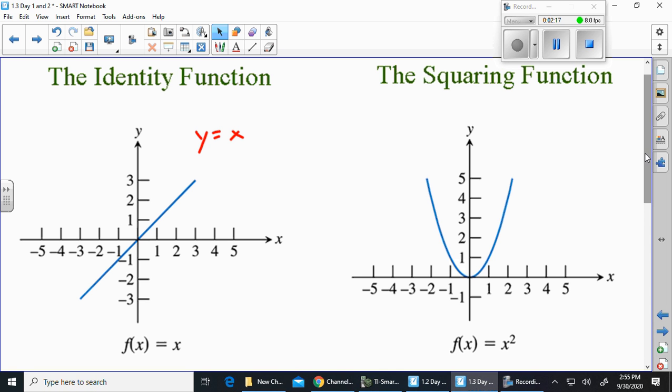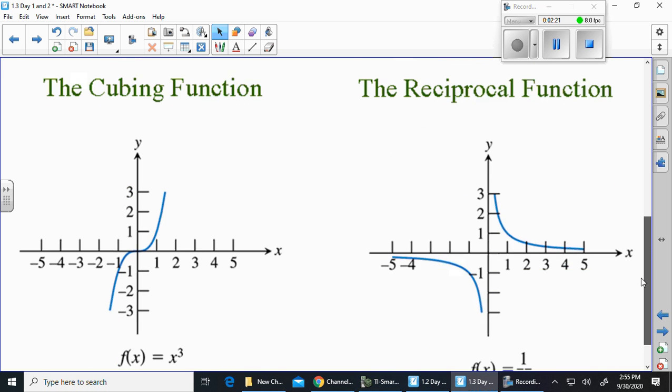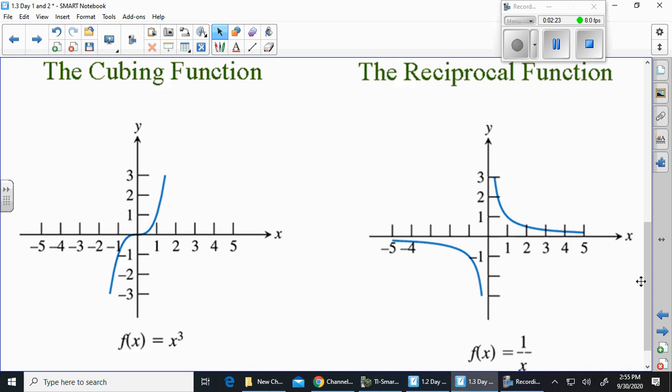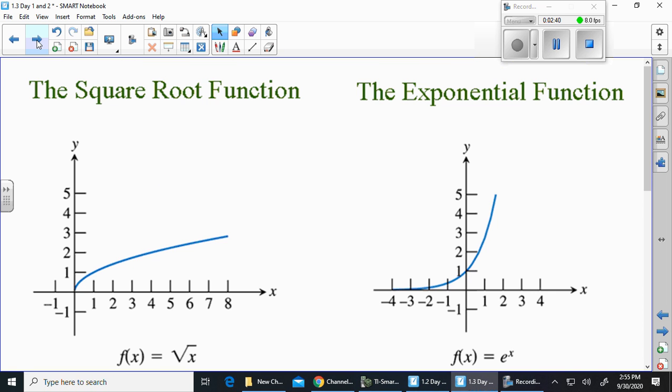They're the same identity. Squaring, y equals x squared. Cubing, y equals x cubed. The reciprocal is your rational function, 1 over x, where you have the 2 branches. We did those graphs in honors, but that was online in like April.